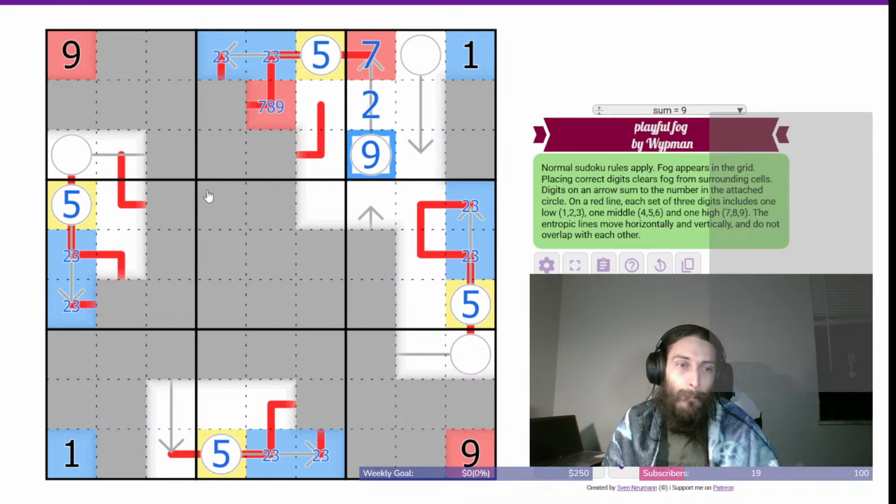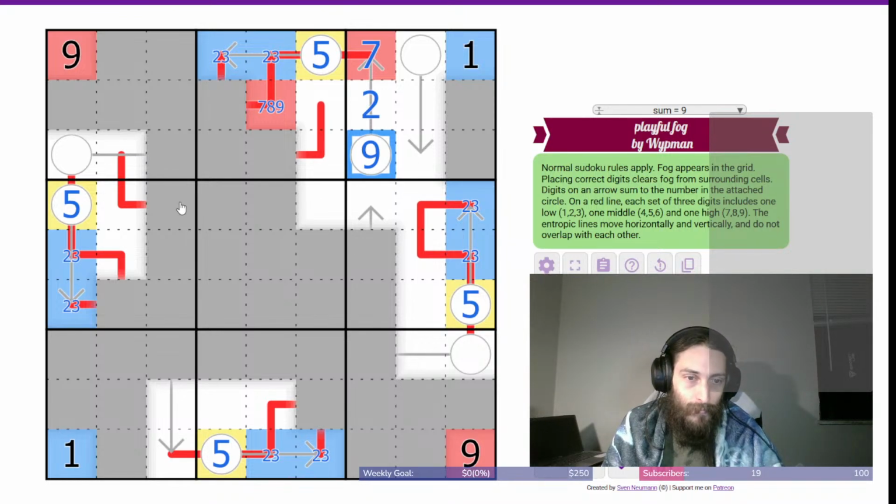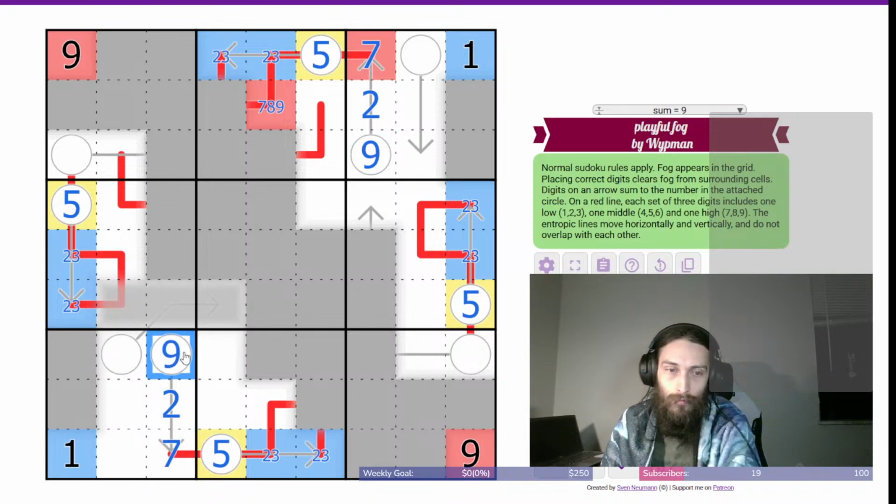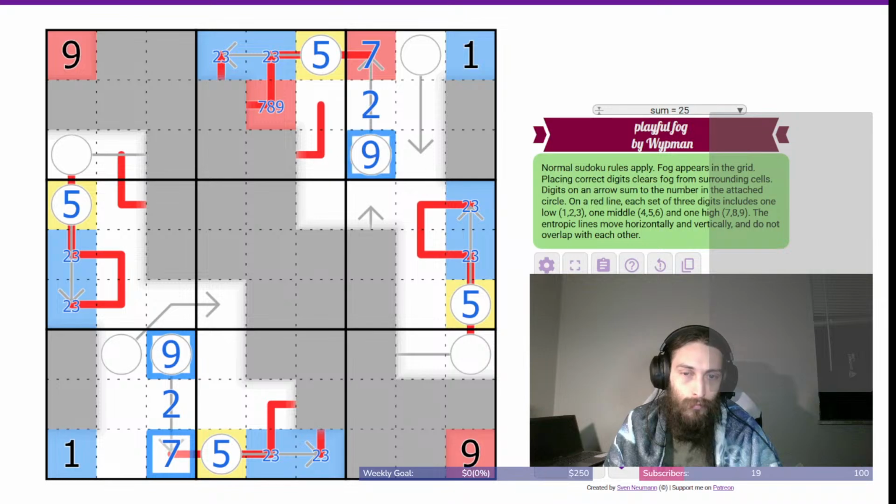Right, and the entropic lines can be sorted out around those 5s.